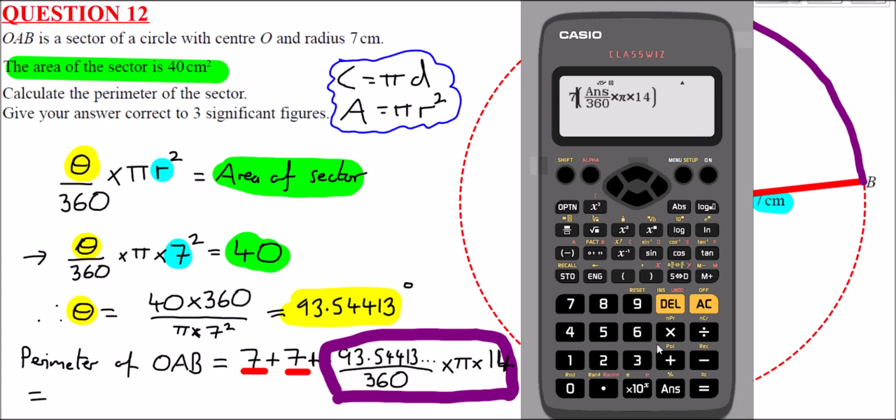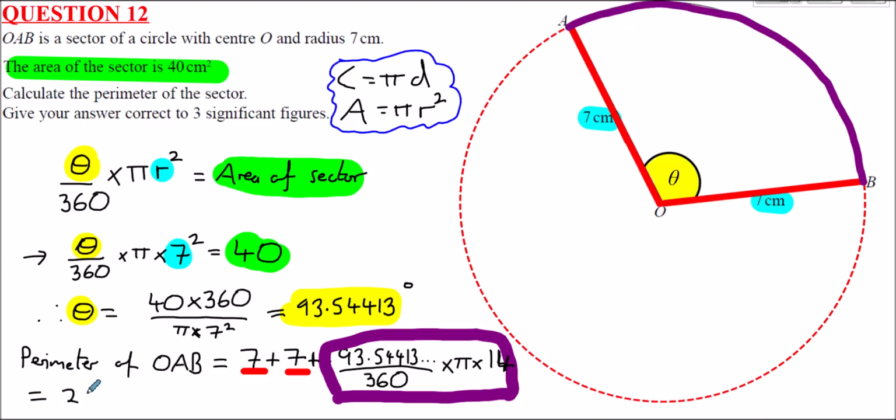So 7 plus this portion. We get 178 over 7. We want it as a decimal, correct to 3 significant figures. So press S to D, to 3 significant figures, 25.4. So our answer is 25.4 centimetres. So that's question 12 complete.